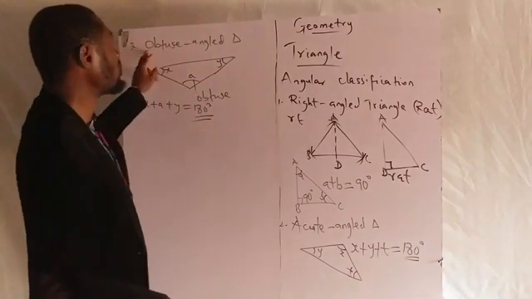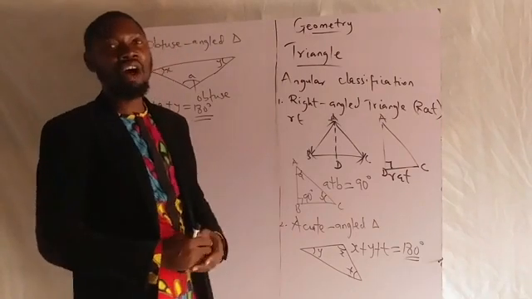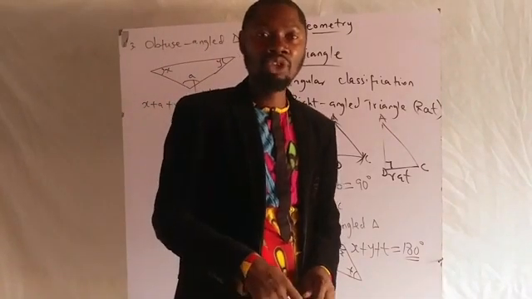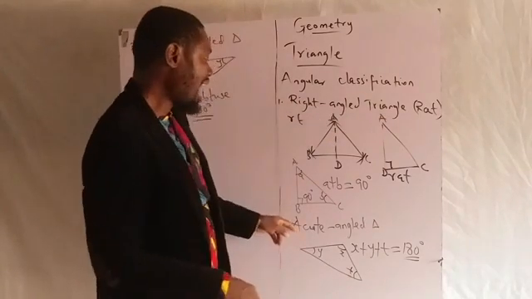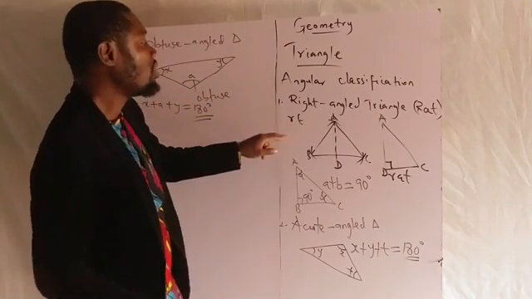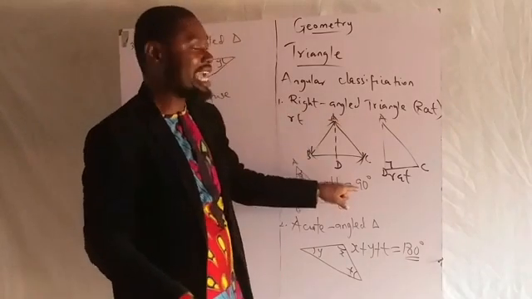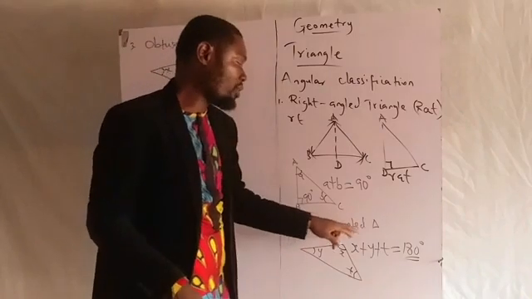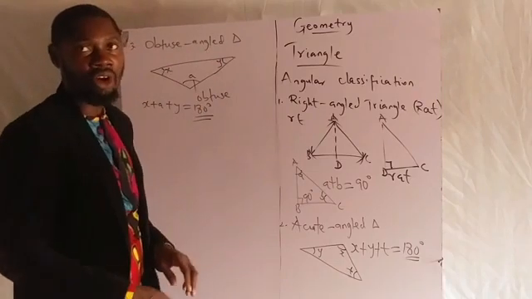While in the obtuse angled triangle, one of the interior angles is more than 90 degrees. That makes them unique and different from each other. So we have right angled triangles, acute angled triangles, obtuse angled triangles. The sum of interior angles for the right angled triangle is 90 degrees, while that of the acute is 180 degrees, and that of the obtuse is 180 degrees.